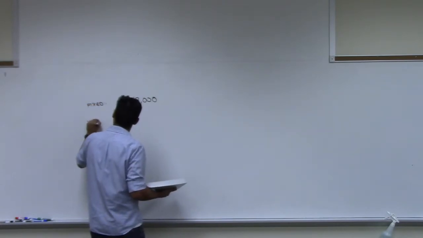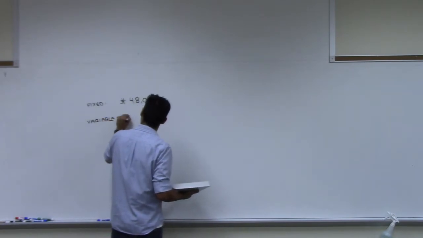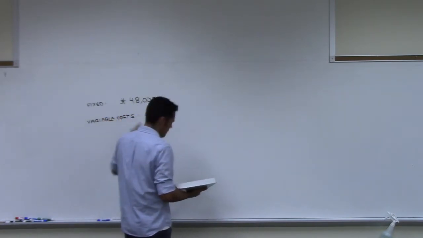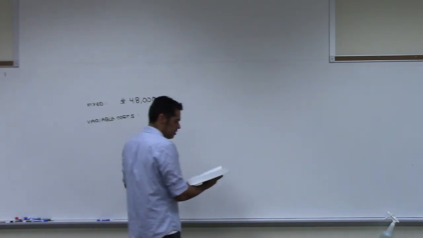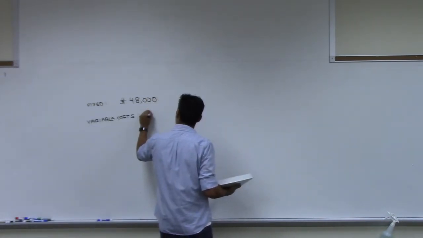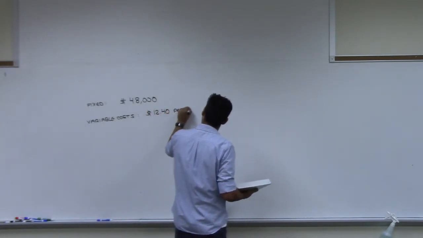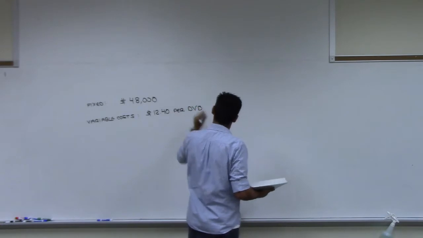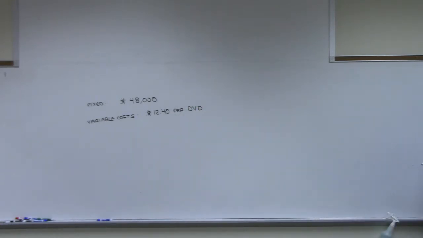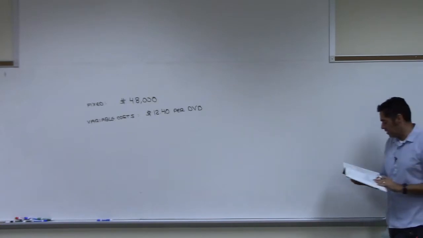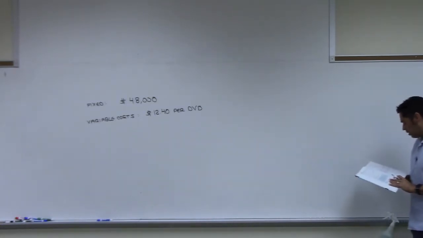Variable costs amount to $12.40 per DVD, and include manufacturing, packaging, and distribution costs for each DVD actually sold to a retailer.